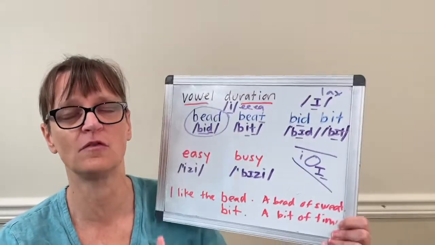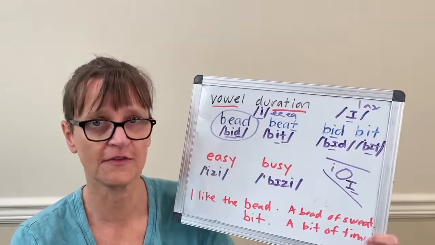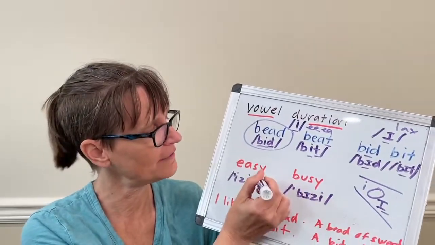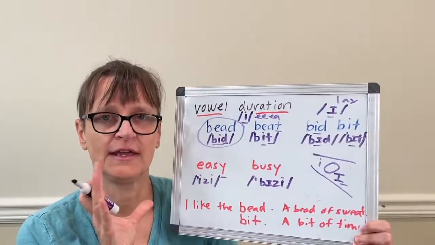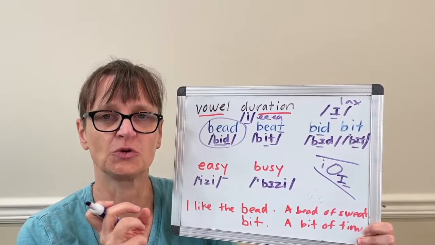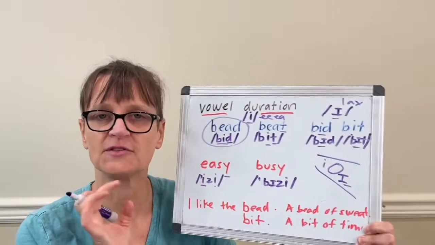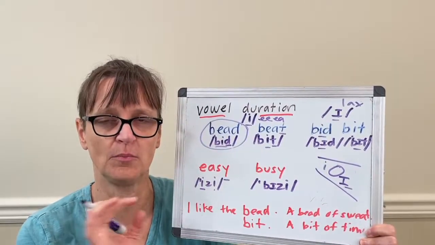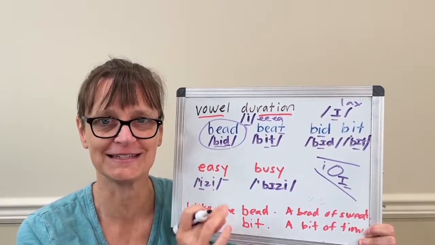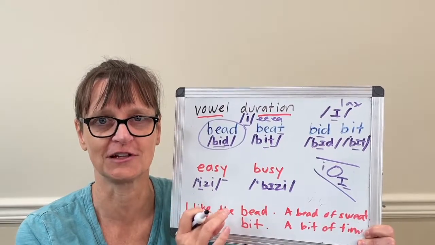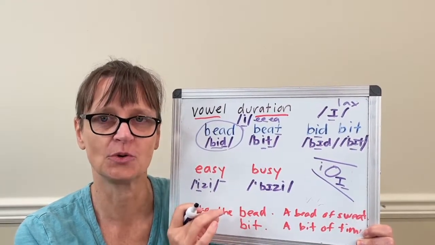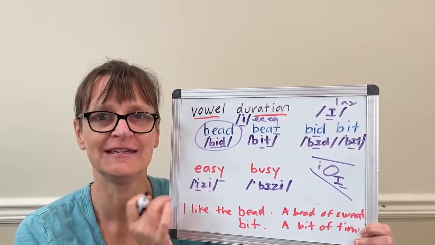Other examples of where I often hear errors on this are things where we have the E sound in a place where it needs to be short and unstressed. So in a word like "easy," it's the same vowel in both syllables, but my first E is long because it's the stressed syllable. My second E is short because it's the unstressed syllable, "easy."